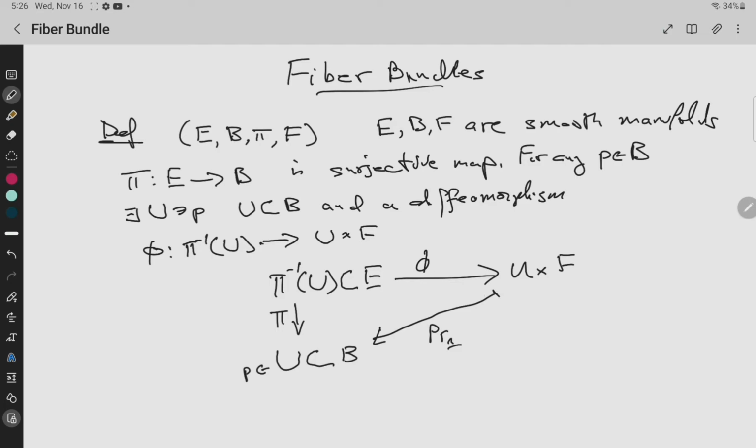So anytime you have this diagram commute, for example, the bundle projection pi going from up here to down here is equal to phi composed with PR1, it just means that you have a local trivialization of your bundle.